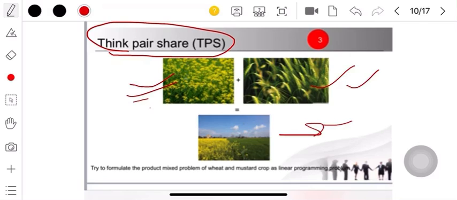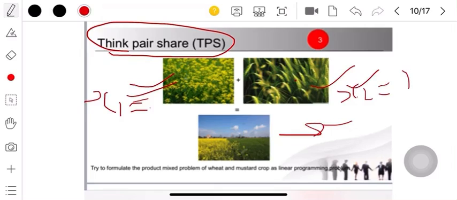So what is our aim? We want to formulate the problem as an optimization problem. This is a product mix problem: how many kg of mustard and how many kg of wheat should be mixed so as to maximize the profit.